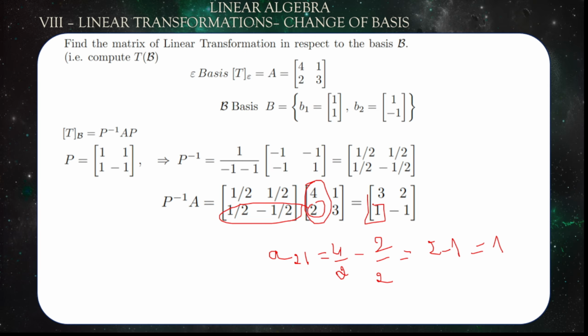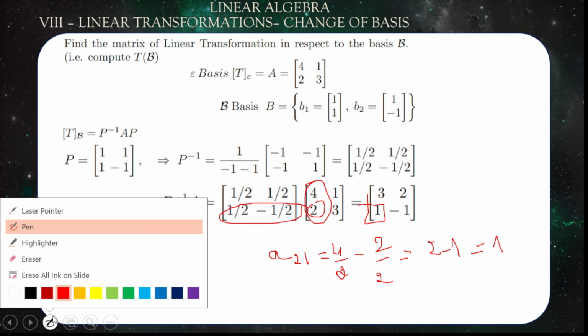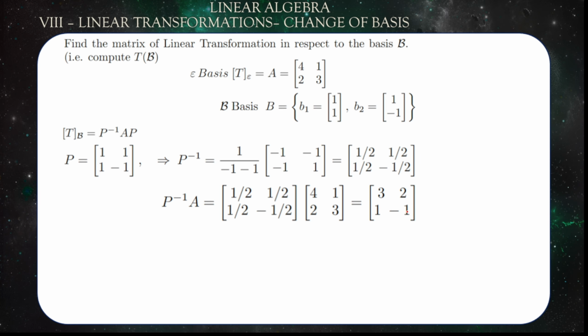And this is the value here, at the second row, first column. The same thing for the remaining value within the matrix, which is this multiplied by this. So 1 half minus 3 divided by 2, which is minus 2 divided by 2, or minus 1.